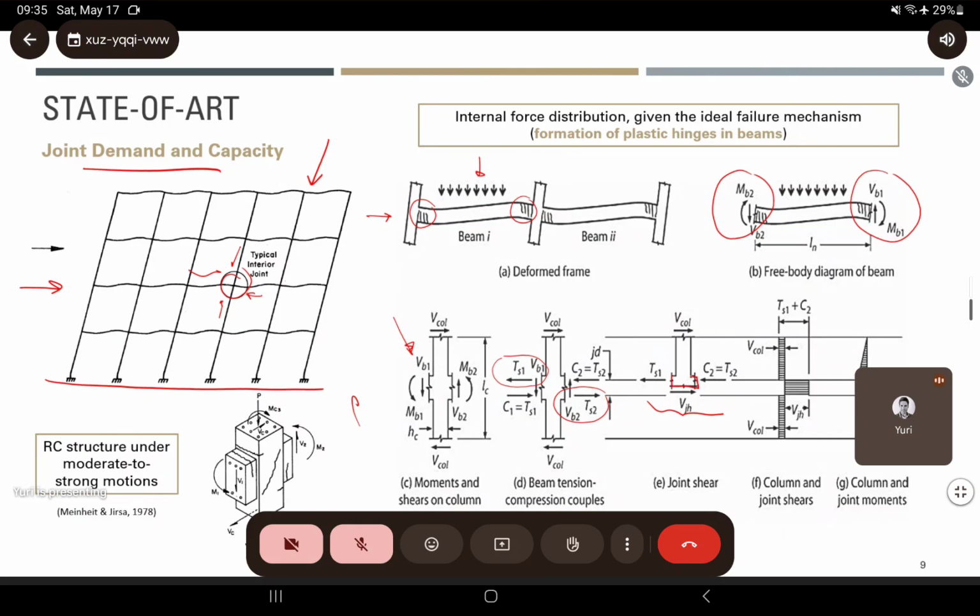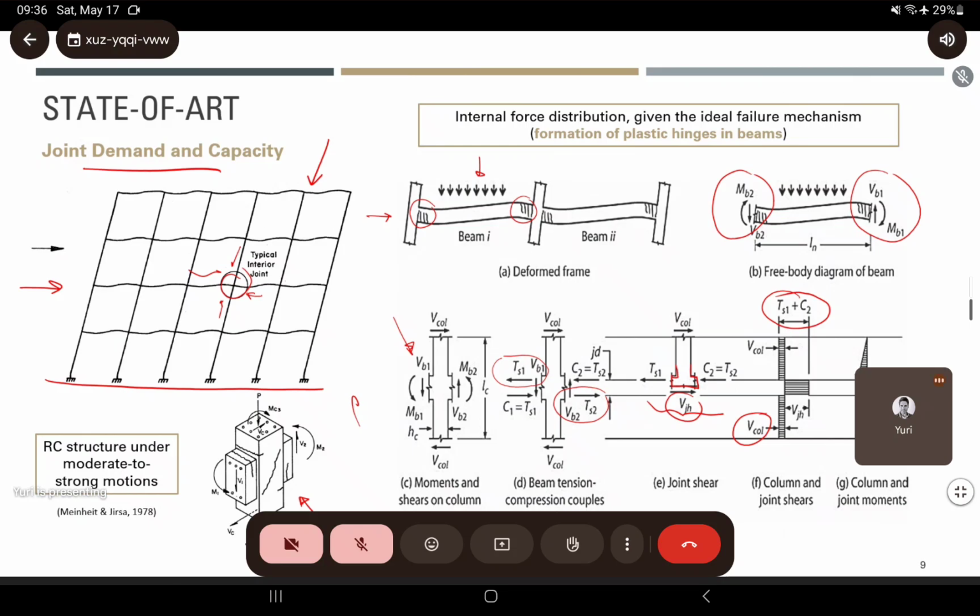Okay, so here we have the horizontal demands, and this is what we can use as a design. The horizontal joint demand is related to the plastic formation of strength on the adjacent members and the column shear load. Once we know these variables, we can determine all the internal forces in the joint.